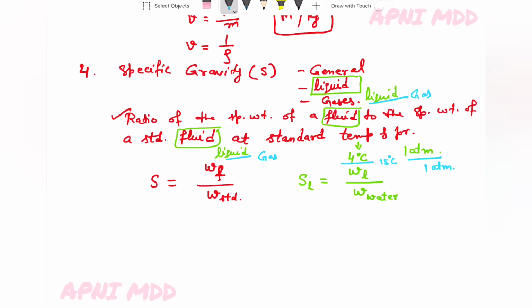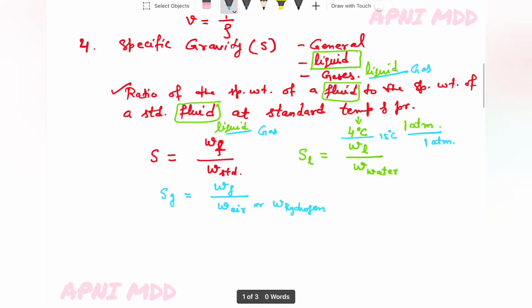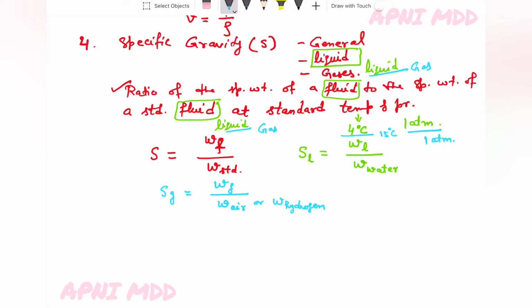So that becomes the specific gravity of a gas. So S for a gas we can write as w for gas divided by w of a standard gas. Now standard gas is either air or hydrogen. Okay, so that becomes the definition of specific gravity.